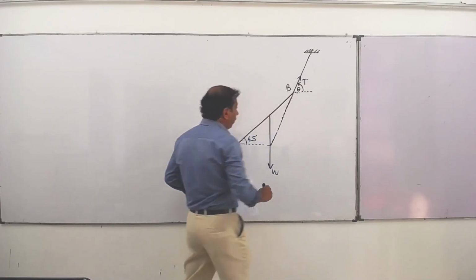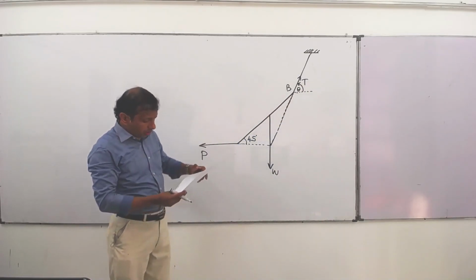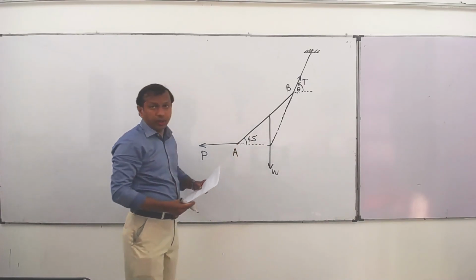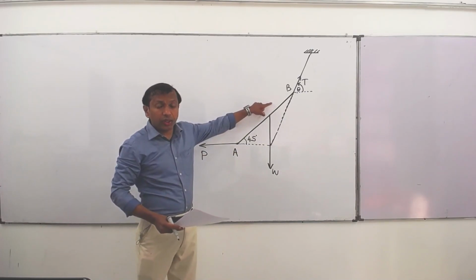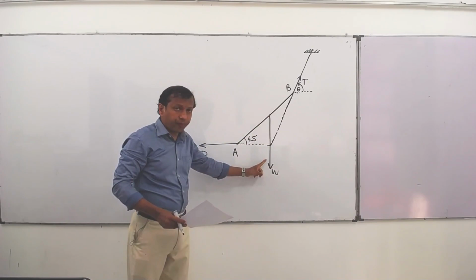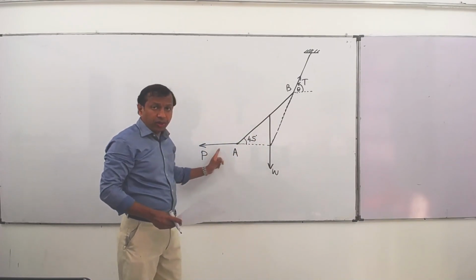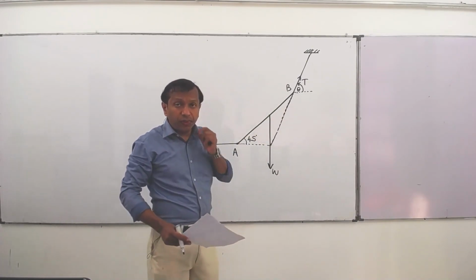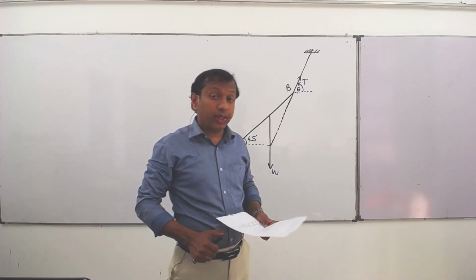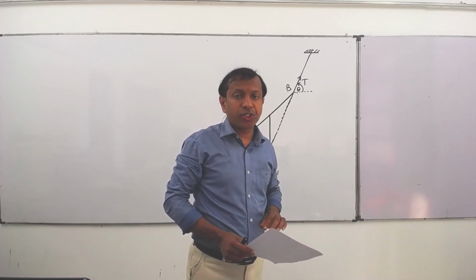Now the rod AB. Rod AB is in equilibrium under the action of three forces. What are the forces? Weight W, force P, and tension T. We have learned in the coplanar forces lesson, when any object is in equilibrium under the action of three forces, the three forces must meet at a point.